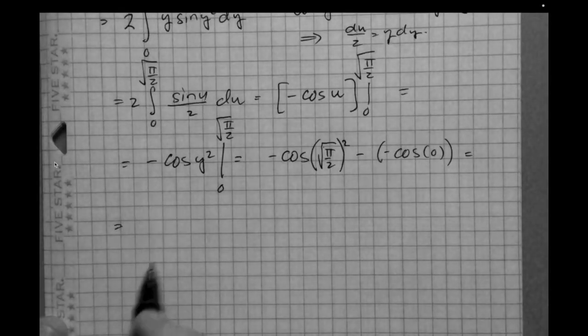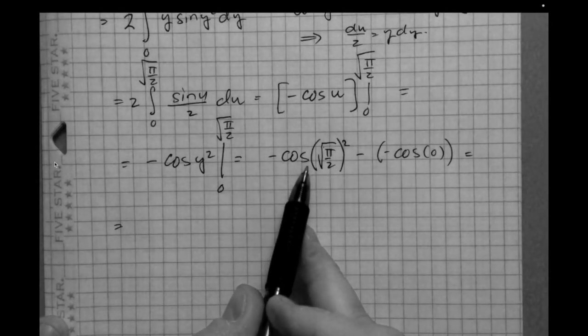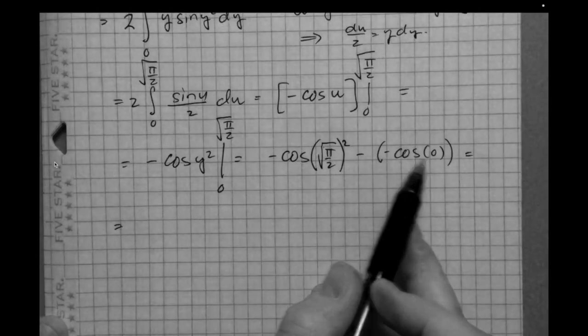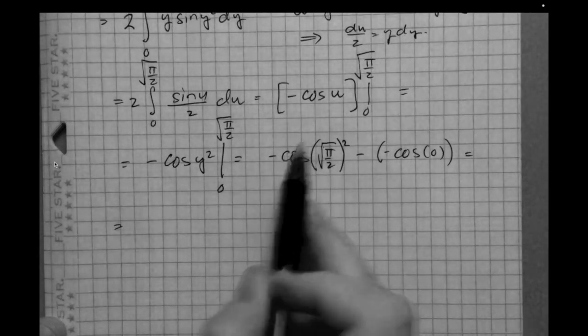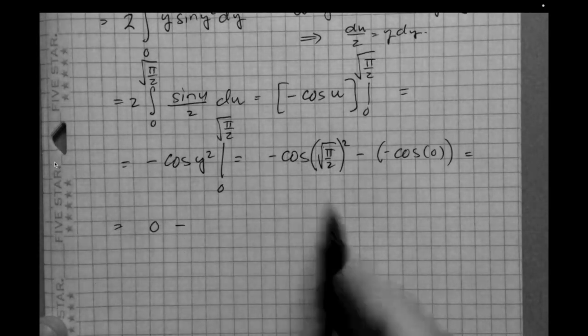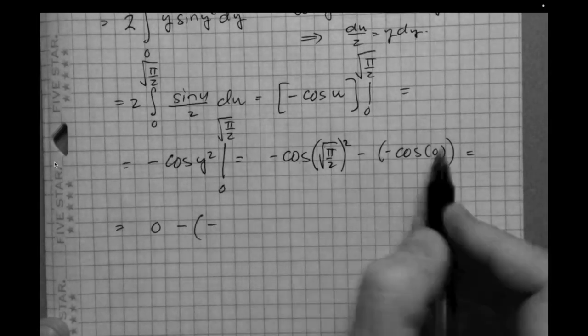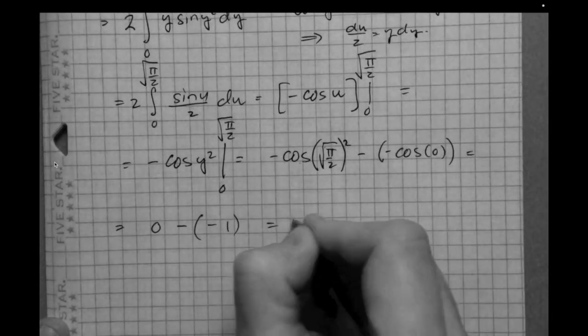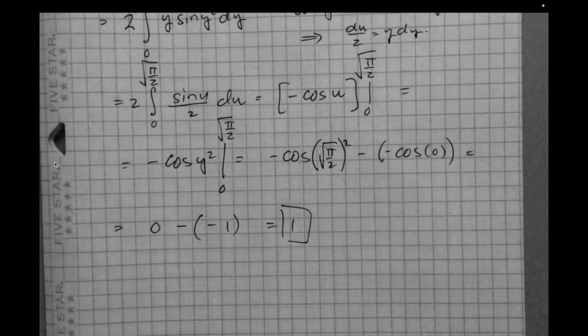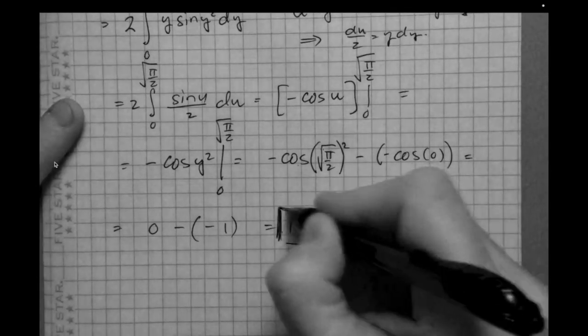Okay, and so what do I get here? I get 0 minus negative cosine of 0, and cosine of 0 is 1, so I just get 1. Okay, so the answer to our last example from Calculus 3 is, interestingly enough, the number 1.